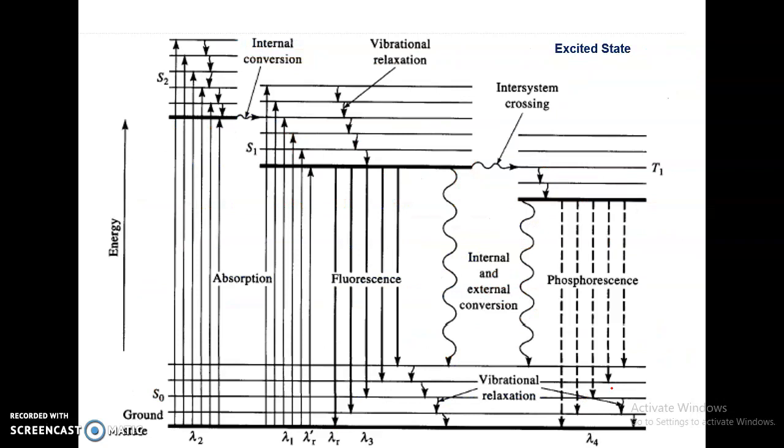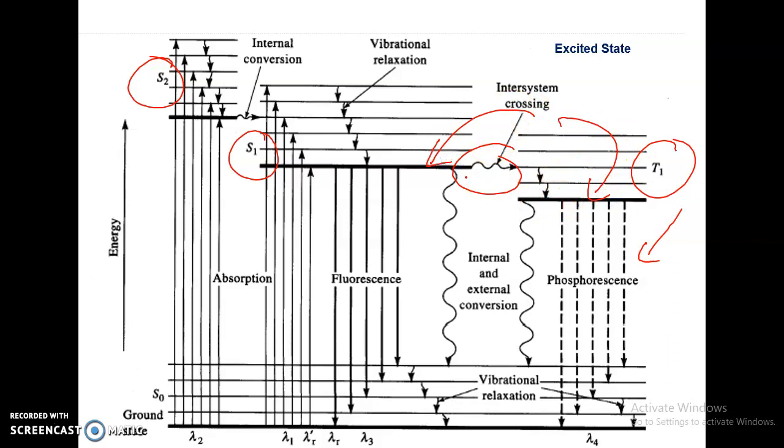That's why it's good for glow in the dark toys. Okay, phosphorescence. So this is the region where phosphorescence happens. You see that this is the triplet state as compared to the singlet state at shorter wavelength. And when you have intersystem crossing, it is actually demonstrating more phosphorescence as compared to fluorescence.